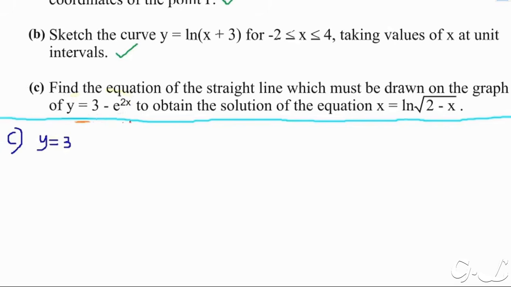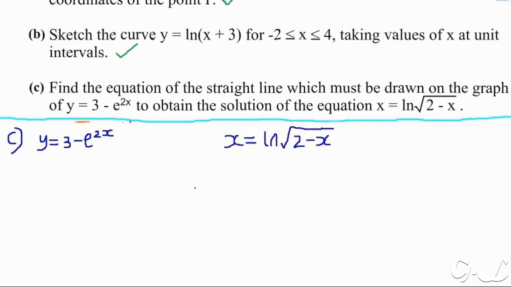So we are given that the graph is y is equal to 3 minus e to the 2x. So we are given two equations.